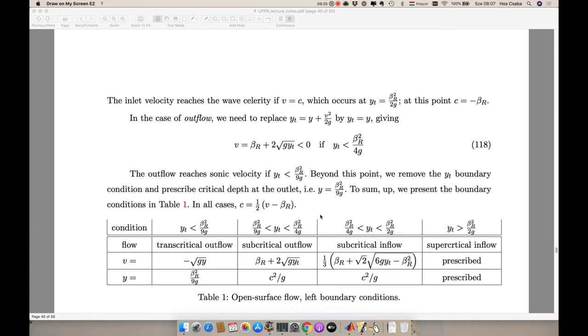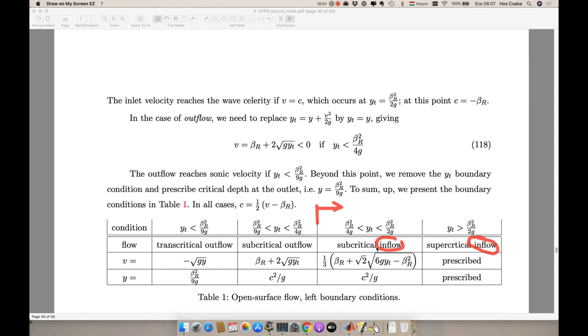So probably let's start here. Sorry. So we are at the left boundary. So this is the inflow, as you see. So this is when the velocity is positive. If this condition holds, then you have subcritical inflow.